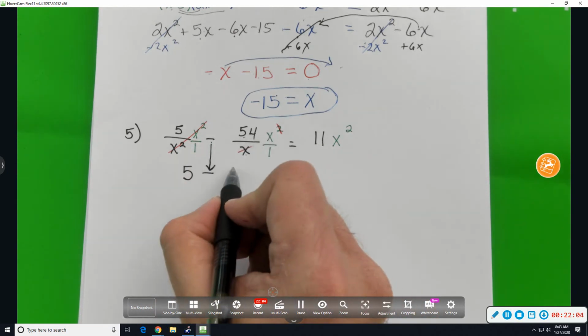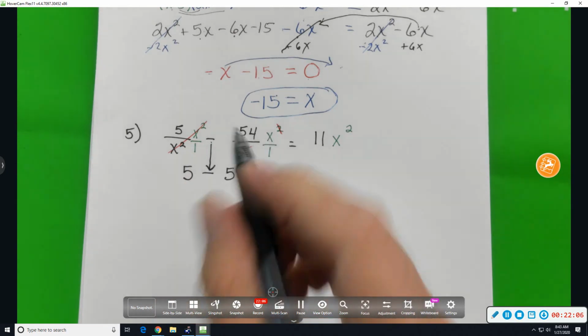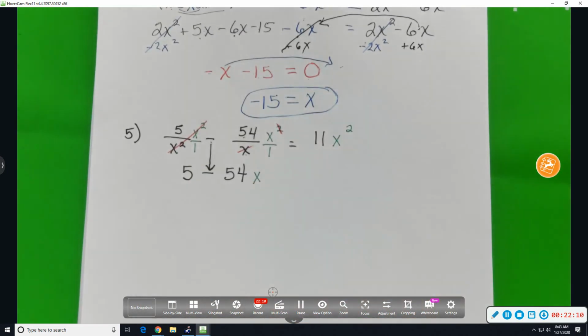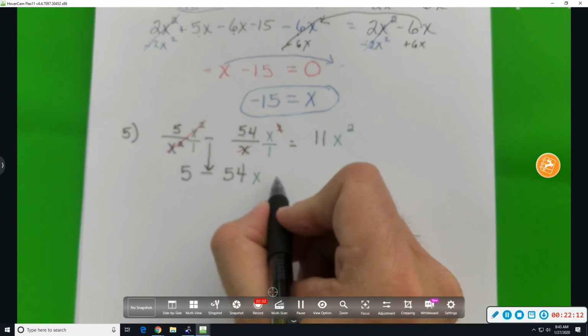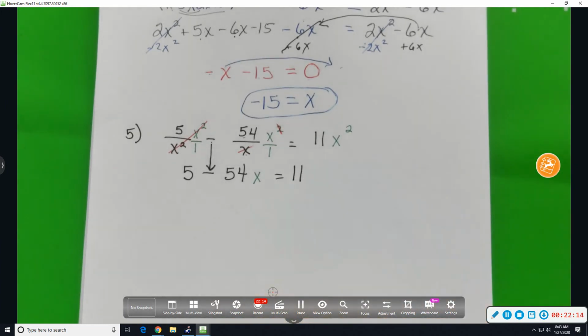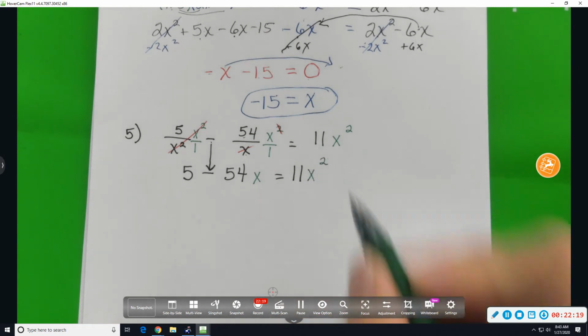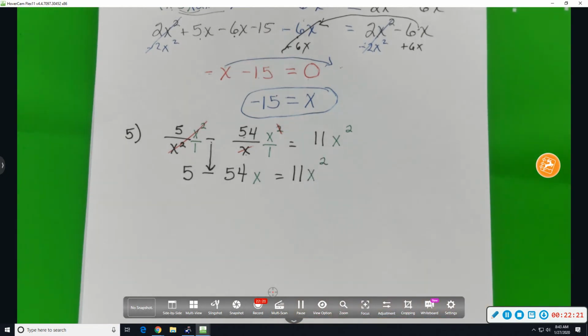A 54 and a green x. Equals 11x squared. Well, this one's not going to simplify down to a linear equation. There's no way you're going to be able to get rid of that x squared.